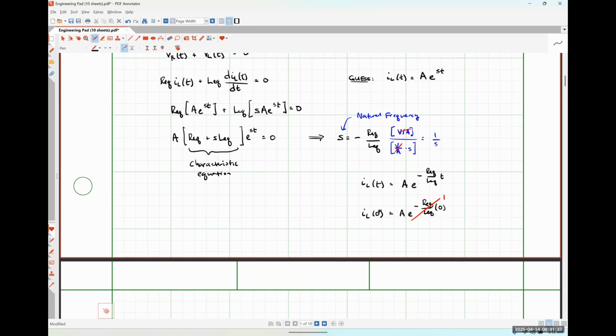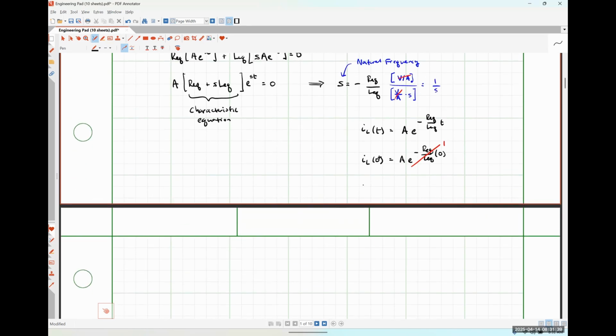And so if I substitute in that relationship, I finally get the result that IL of t will be equal to IL at 0 plus e to the negative REQ over LEQ times time. So this is how my inductor current is going to behave as a function of time during my transient condition.